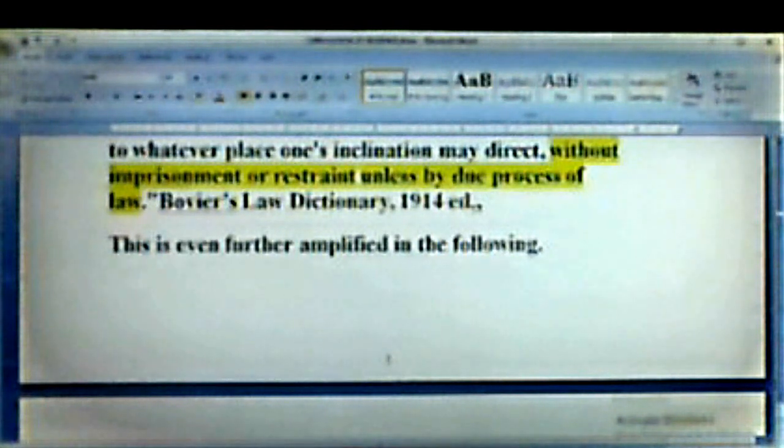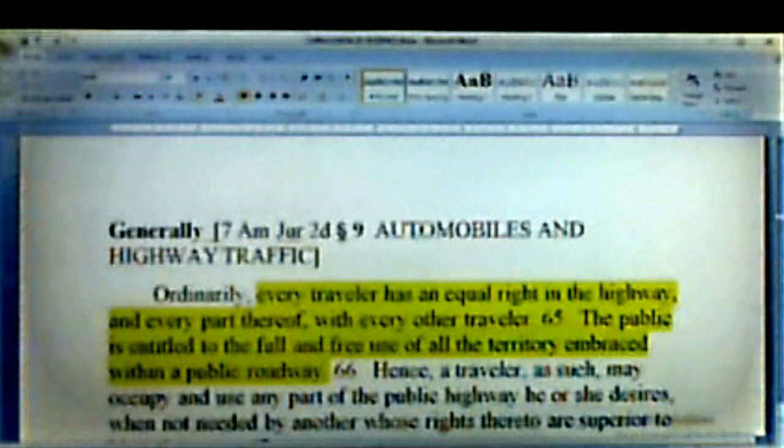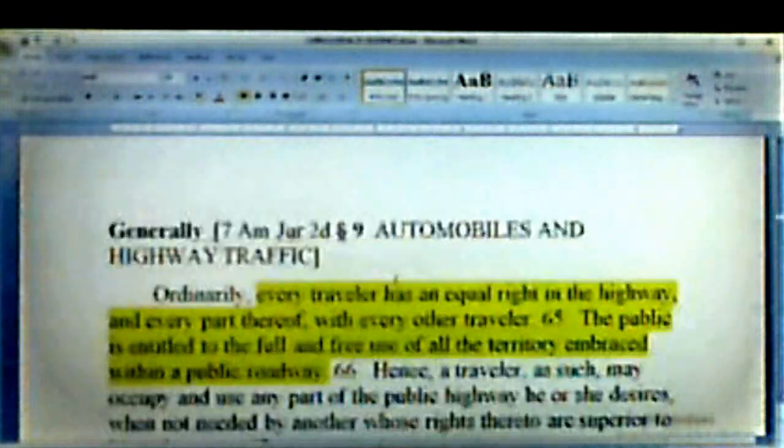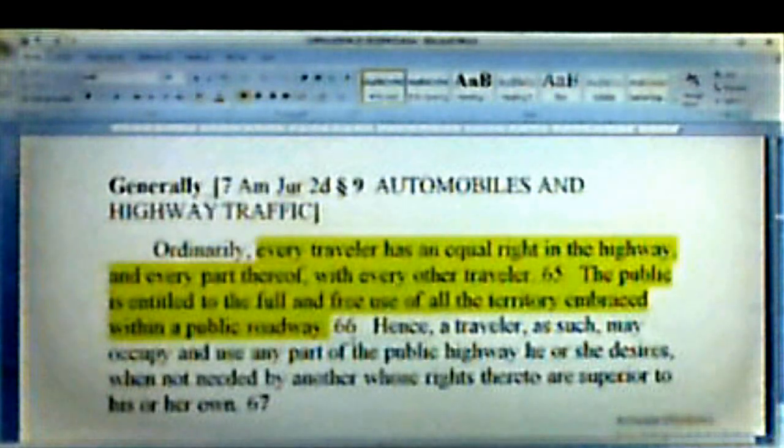All right? And for those of you who want to see these documents, many of them are posted on my Facebook. I'll try to put a link on the YouTube channel with this video so that you can see all of this stuff I'm talking about.